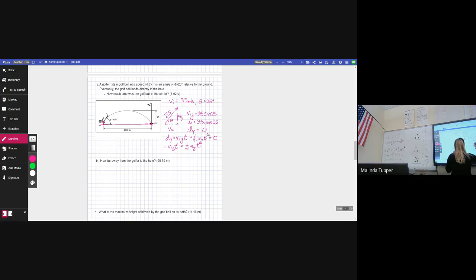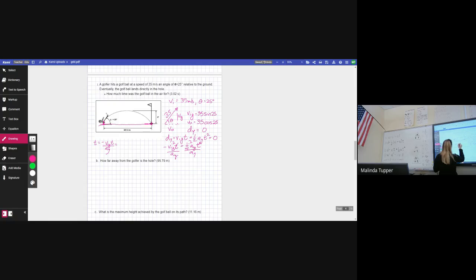I'm going to multiply both sides by 2 to get rid of that 1/2, and divide both sides by ay. That leaves me with the time equal to negative 2 viy over ay.